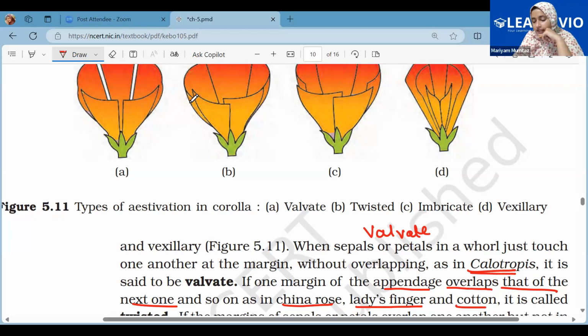You write down, in this type of estivation, overlapping is present, but not in a particular direction.